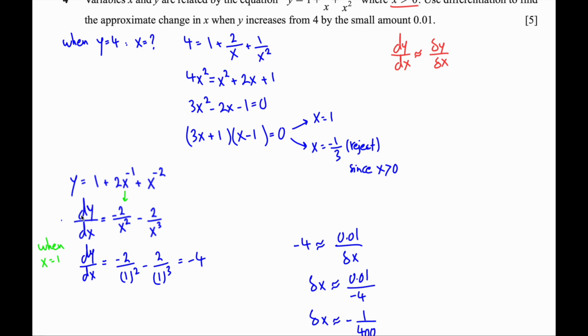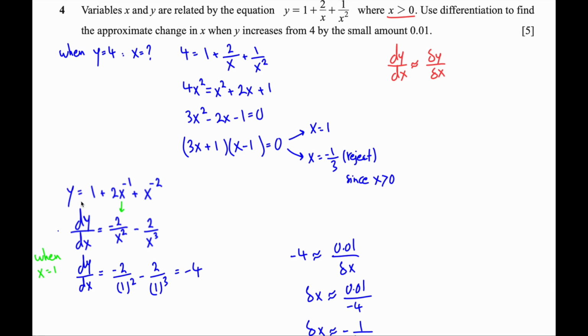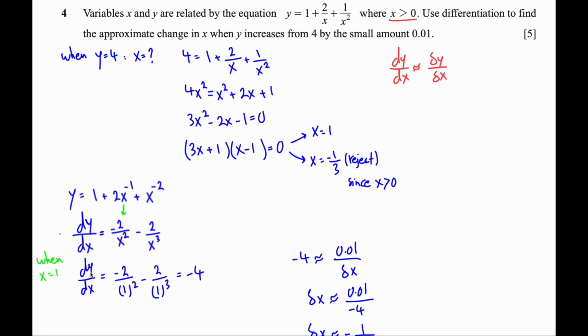And then I have to find this value when x is 1. Now, where does the x equals 1 come from? If you read the question, they say change in x when y increases from 4 by this small increment. So when y is 4, what is my x? That's the question that you need to answer.